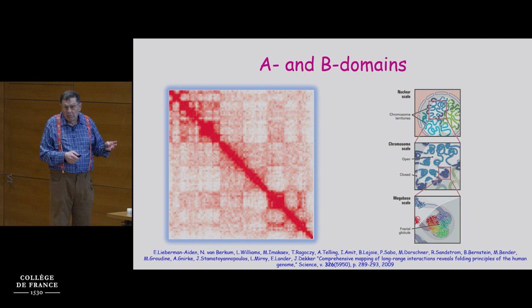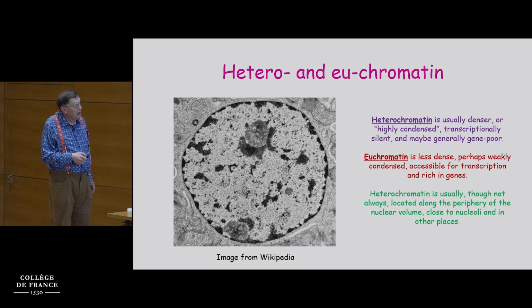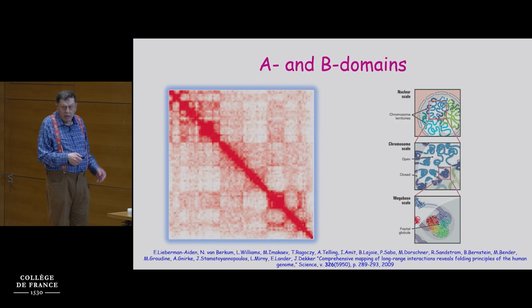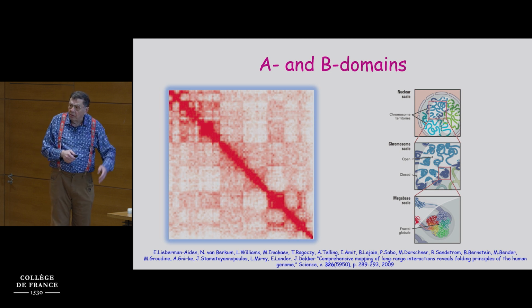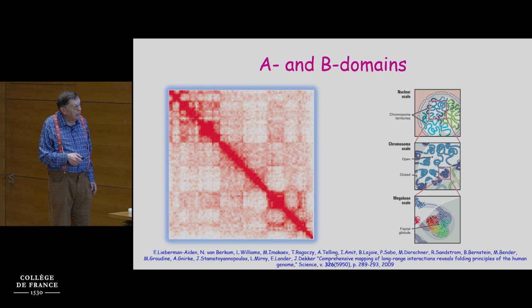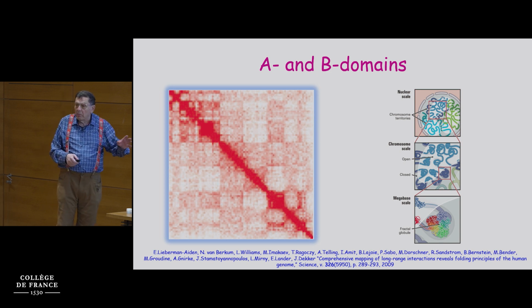In fact, this euchromatin and heterochromatin are not only visible in this type of photographs, microscopic photographs, they are also indicated in some form in Hi-C maps. Even in the first paper about Hi-C maps, they made this drawing indicating so-called A and B domains.